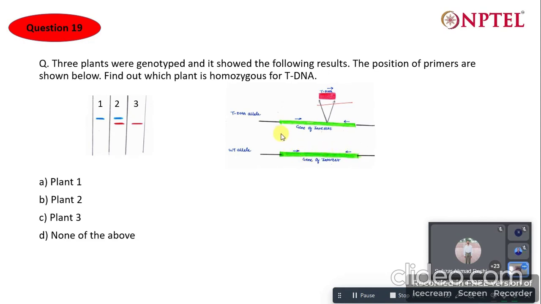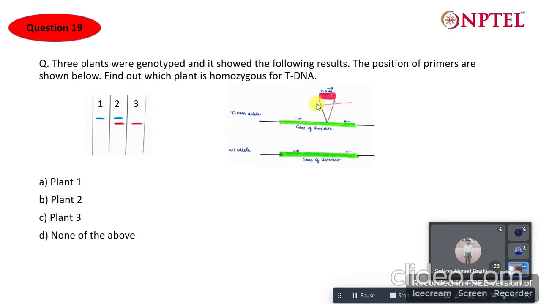So this is the gene that has a tDNA inserted into it. Now we have to confirm whether the tDNA insertion is in a heterozygous or a homozygous condition. This primer is specific to the tDNA region only, and the other primers are specific to the gene of interest in which we have to check the tDNA insertion.